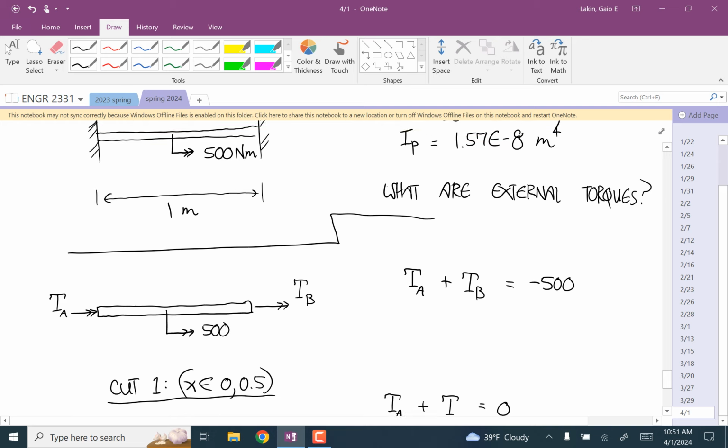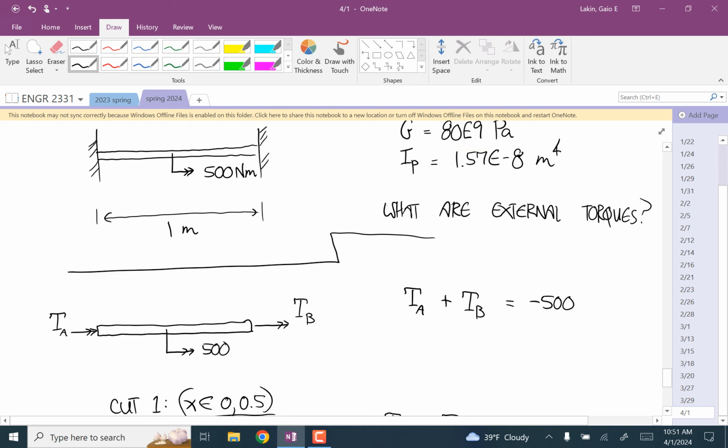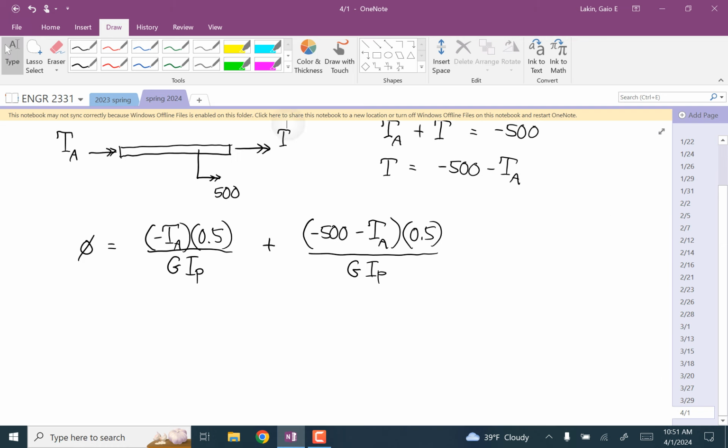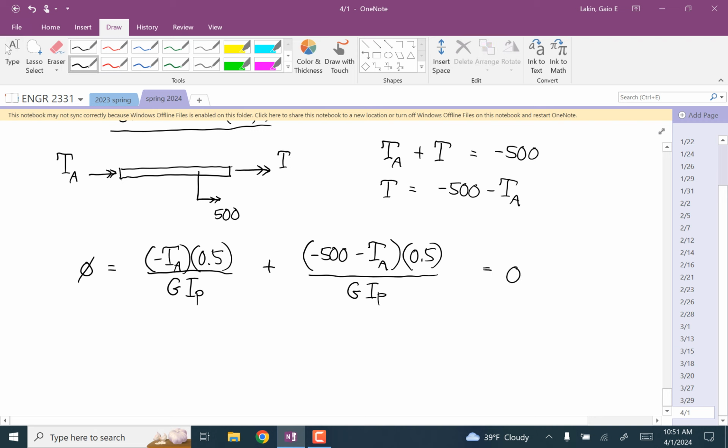And if these two things are locked between two fixed walls, what's the total angle of twist over the length of this thing? 0. Yep, the two ends can't go anywhere. So there would be an angle of twist in the middle somewhere, but then by the end it has to be back at its original position. And so this is equal to 0.